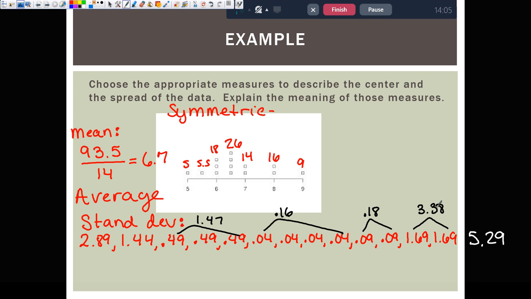So I'd like everyone to add these numbers up. 2.89 plus 1.44 plus 1.47 plus 0.16 plus 0.18, and then 3.38, and then 5.29. And what do we get?